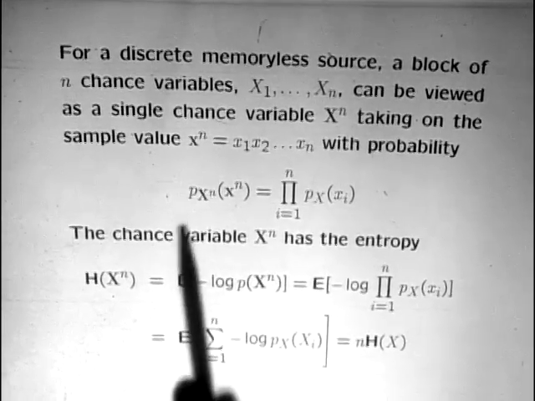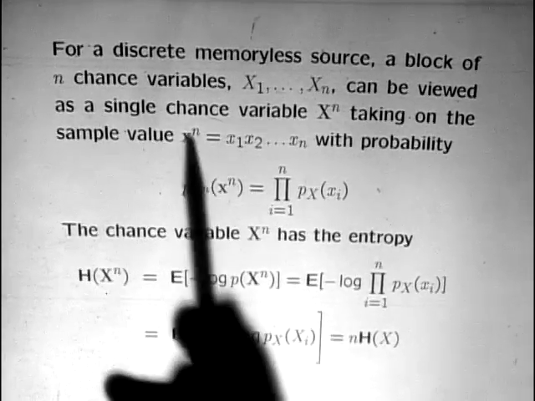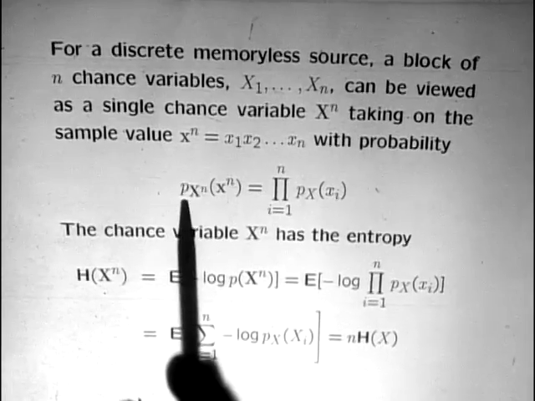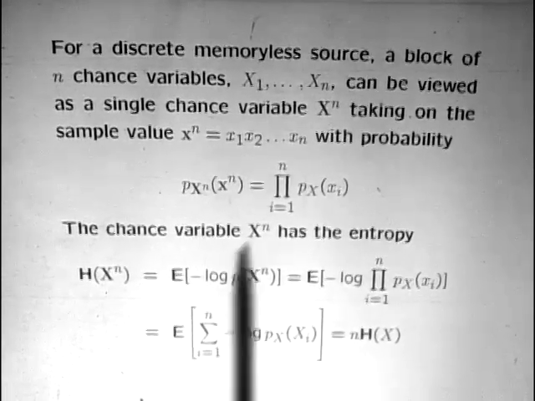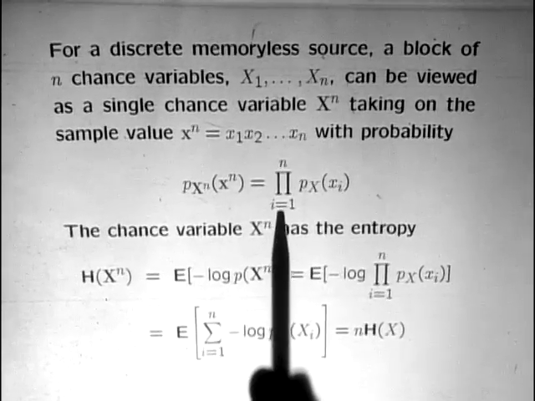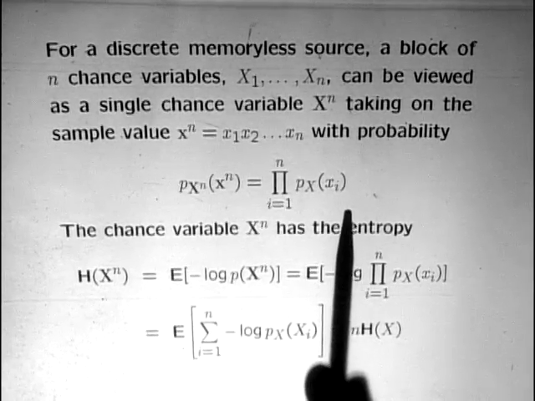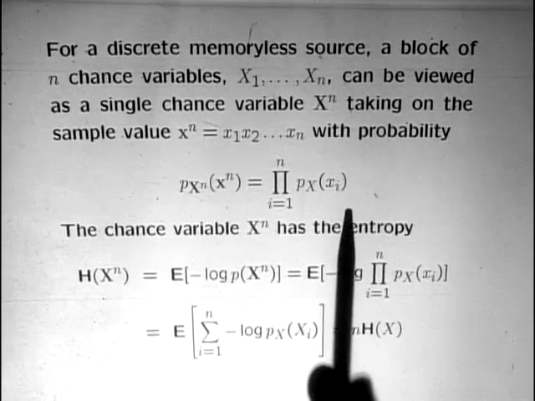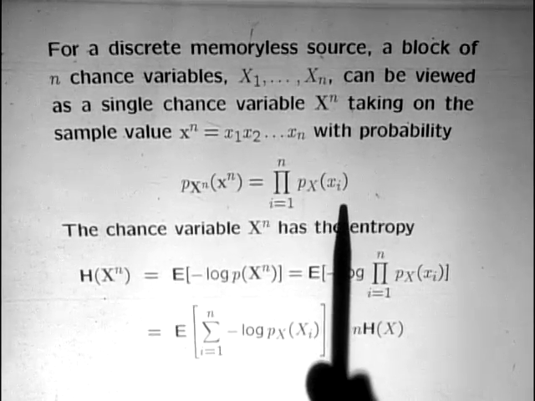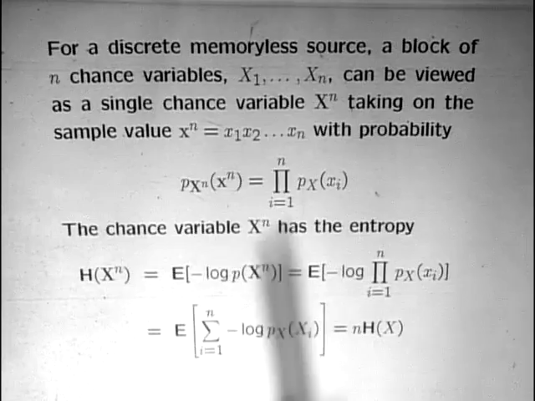Okay, so it takes on these values with the probability P of x^n being the product from i equals 1 to n of the individual probabilities. In other words, again, when you have independent chance variables, the probabilities multiply, which is all I'm saying here.